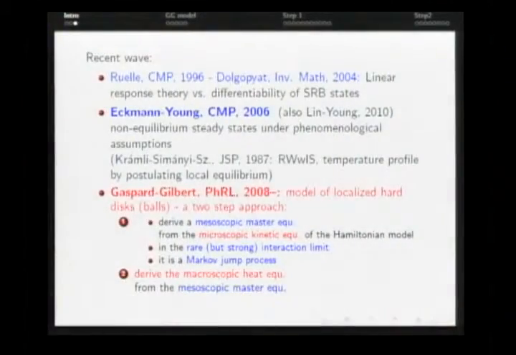And you will see that we will consider this model in the rare interaction limit, and this is why we get a Markov jump process. Now, the second step, you start from the mesoscopic equation, and then from it, by using probabilistic tools, you derive a hydrodynamic limit transition. We hope to get the heat equation.